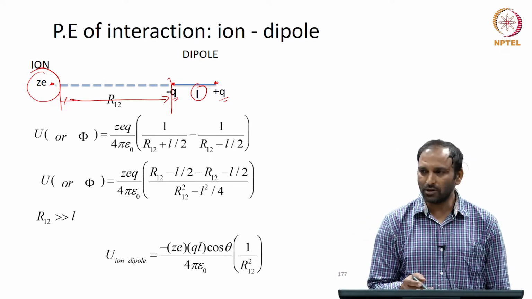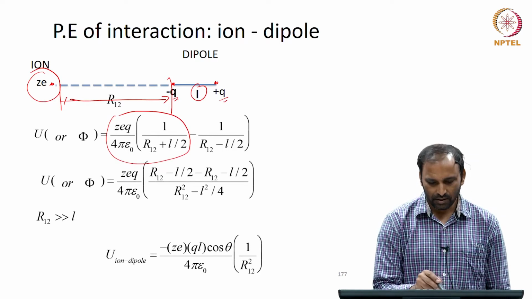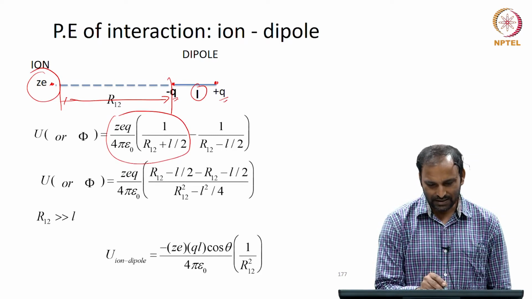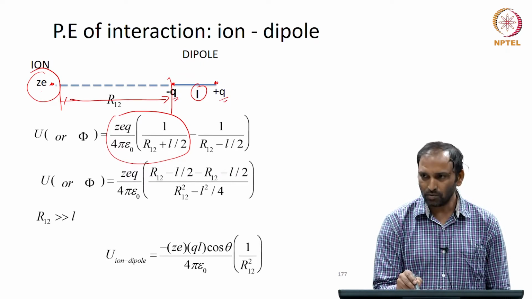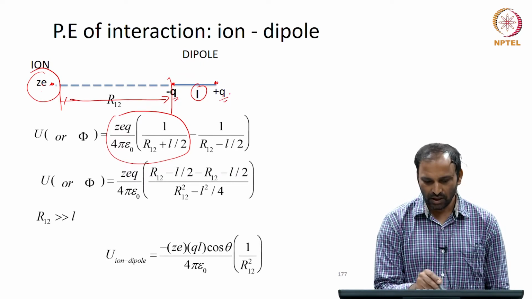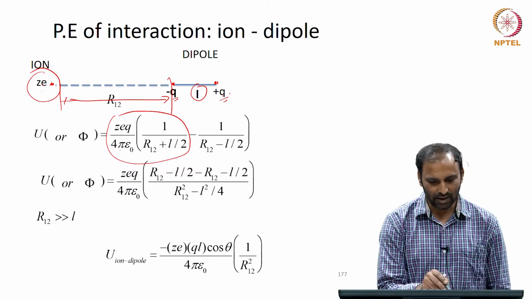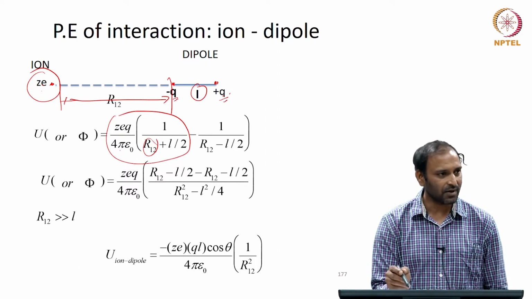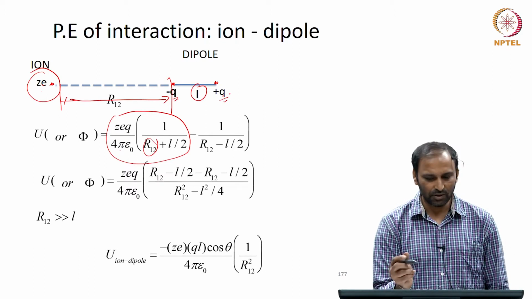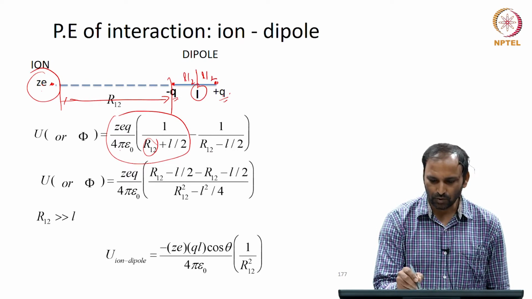I can write, similarly, the first term as ZE times Q divided by 4 pi epsilon naught into 1 over the distance between the two. This is R12 plus L by 2, because this distance is going to be L by 2.